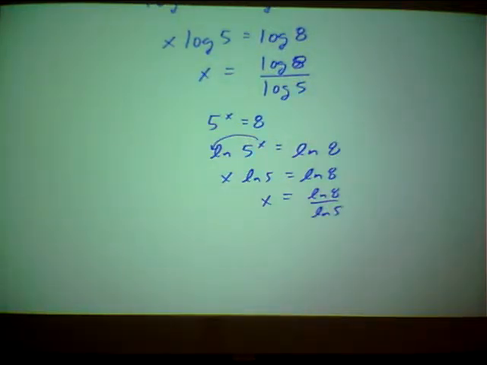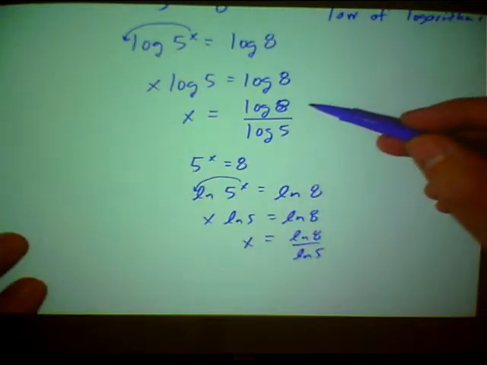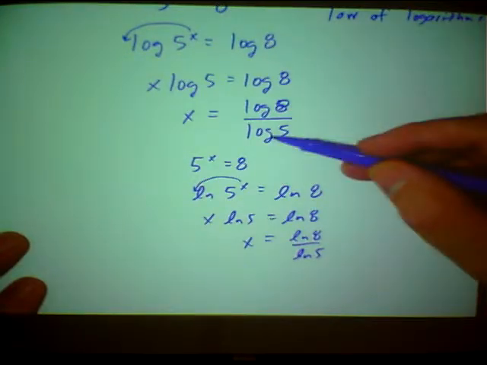So the bottom line is, it doesn't matter which kind of log you use. You can use log base 10 or natural log. But the key is, it needs to be one of those two, and that's because at some point we're going to need to go to our calculator and figure out what the log base 10 of 8 is and what the log base 10 of 5 is.